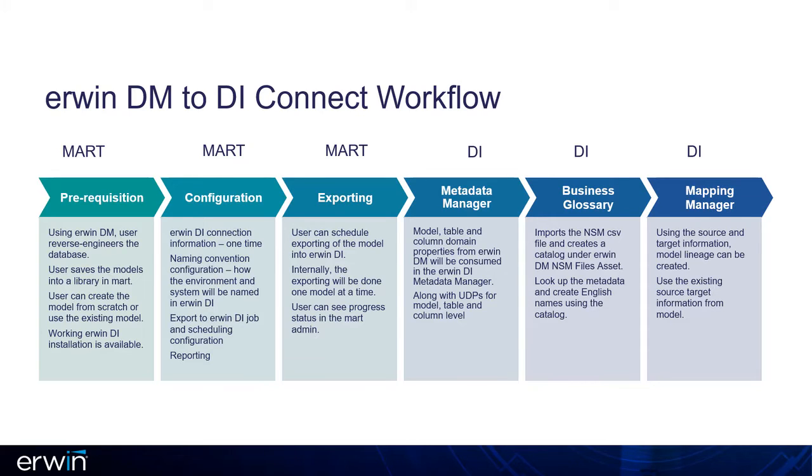The Business Glossary imports the Naming Standards Mapping, or NSM CSV file, and creates an entry in the left pane of the Irwin DI Business Glossary Manager, Irwin DM NSM Files asset. Now, it looks up the metadata and creates English names using the catalog. And finally, Mapping Manager. Using the source and target information, model lineage can be created using the existing source to target information from the data model.